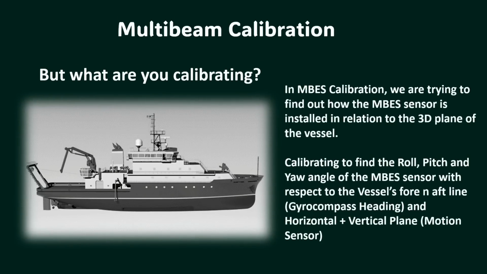In multi-beam calibration, we are actually trying to find out how the multi-beam sensor is installed in relation to the 3D plane of the vessel. Calibrating to find the roll, pitch and yaw angle of the multibeam sensor with respect to the vessel's fore and aft line, that is the gyro compass heading, and the horizontal and vertical plane, that is the motion sensor.